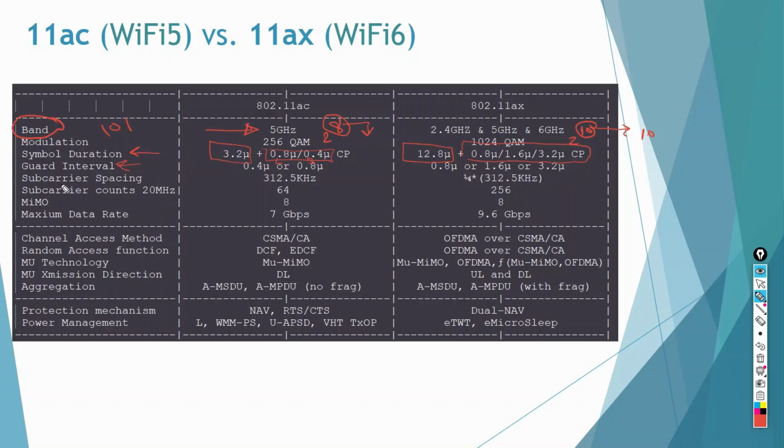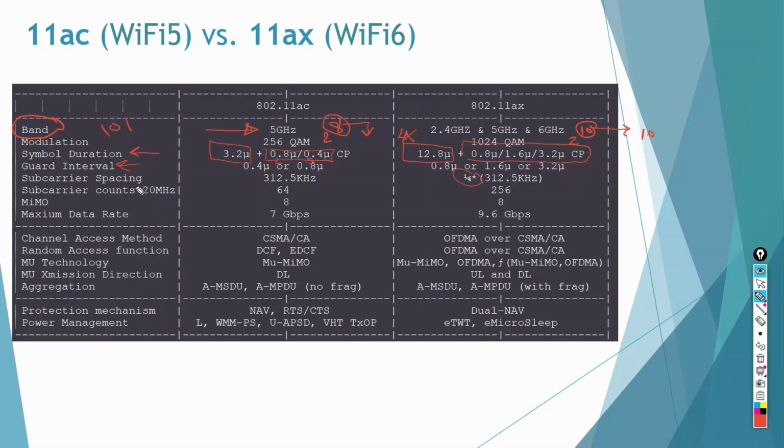In terms of subcarrier spacing, in 11AC we used 312.5 kilohertz, and in 11AX we used 1/4 of that number. I want you to notice this for now, and we will explain later how these numbers are derived, because here we multiplied by 4, here we divided by 4.